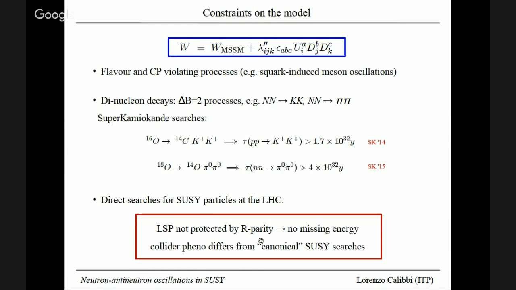But we are in an R-parity violating setup, so as you know, the lightest supersymmetric particle is not stable anymore, which means that we are not going to deal with the more canonical SUSY signature based on a large amount of missing energy at colliders. So the collider phenomenology will be quite different, as we will see in this slide.